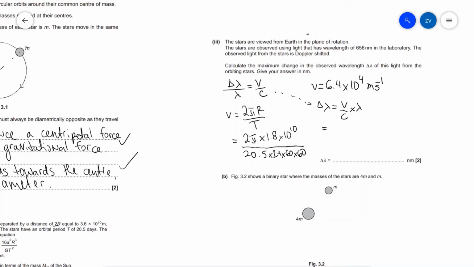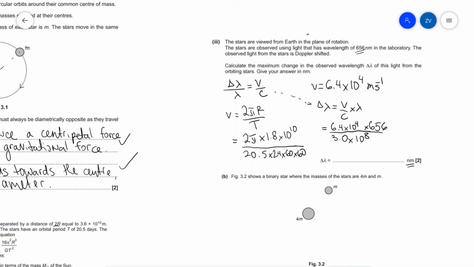Our velocity is 6.4 times 10 to the power of 4. We're going to be dividing that by the speed of light, which is 3.0 times 10 to the power of 8. And because they want our answer in nanometers, I'm not going to convert that to meters. So I'm just going to multiply this by 656.